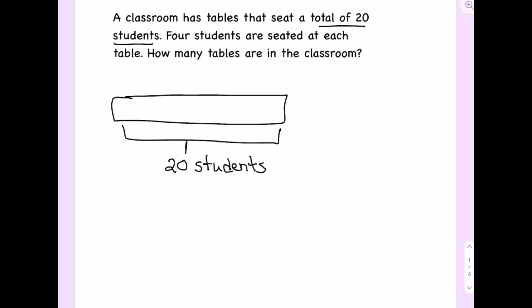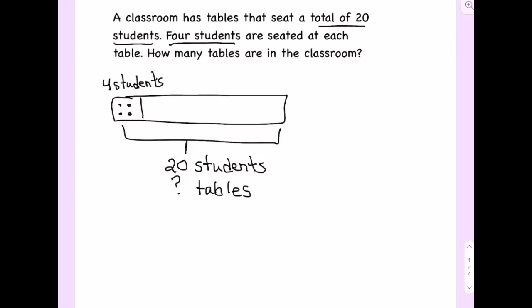And then it tells us that 4 students are seated at each table. So that is telling me the size of the group. And the size of the group always goes at the top. 4 students. That's one table. What we don't know, boys and girls, is down here, we don't know how many tables are in the classroom.